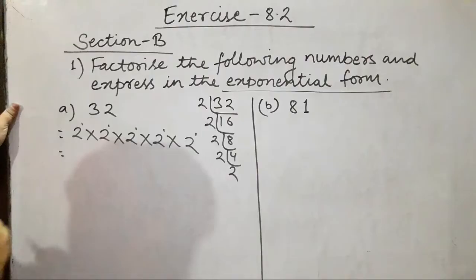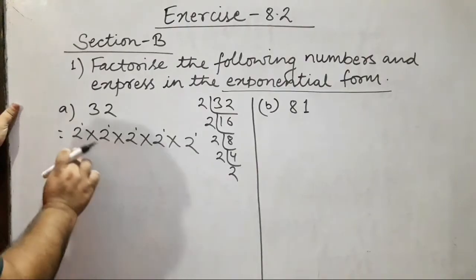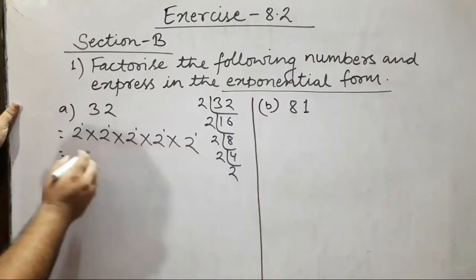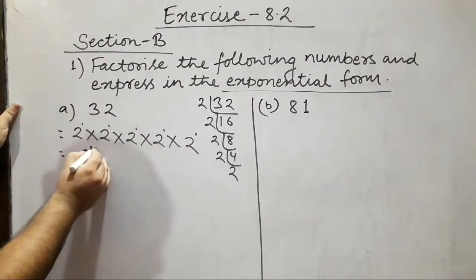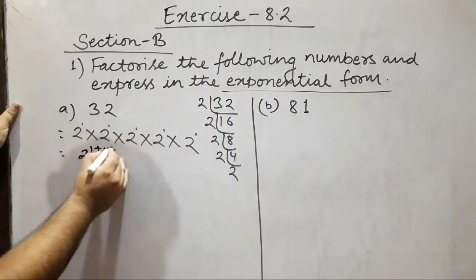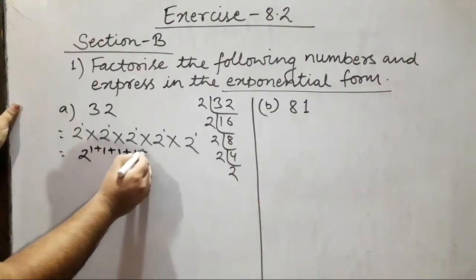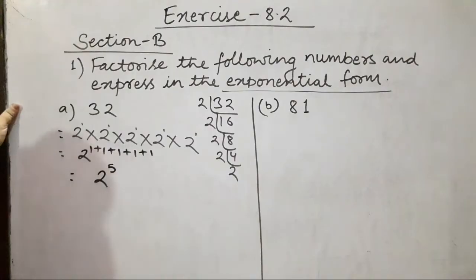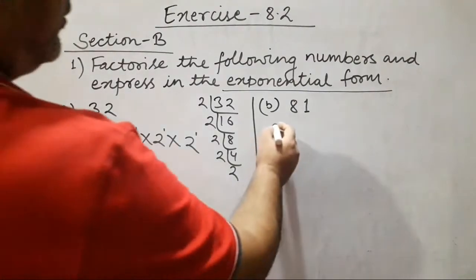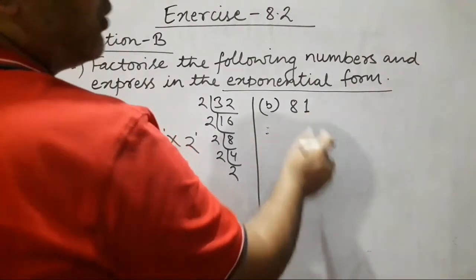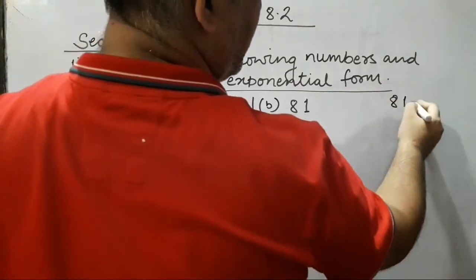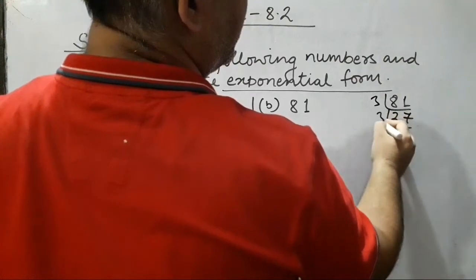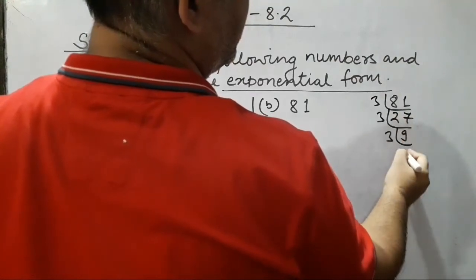So follow the product law. The product law says that if the same bases are multiplied, then their powers are added. So 2 power 1 plus 1 plus 1 plus 1 plus 1 equals 2 power 5. Let's see the next question. Factorize 81. 3 times 27 is 81, 3 times 9 is 27, 3 times 3 is 9.